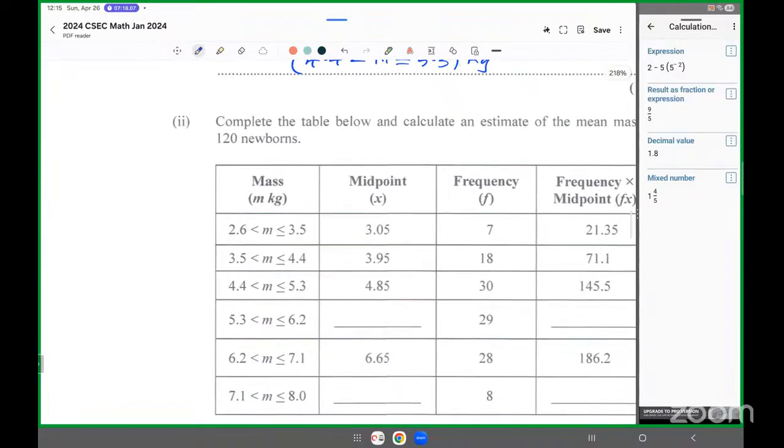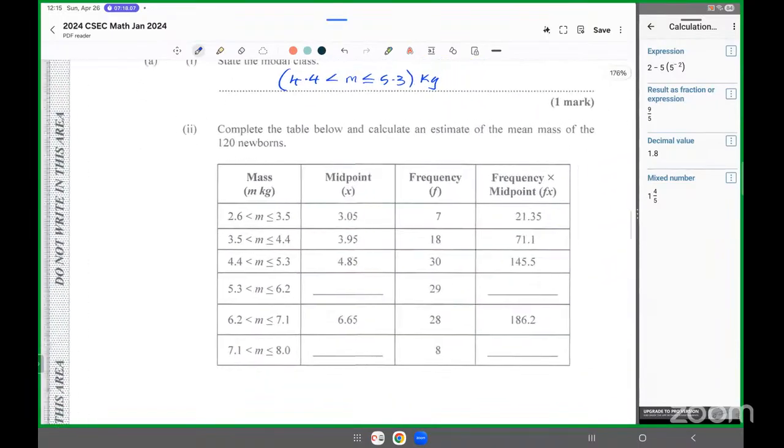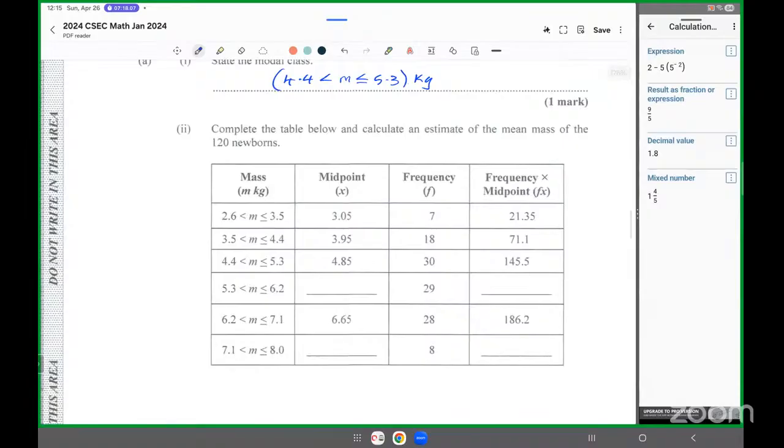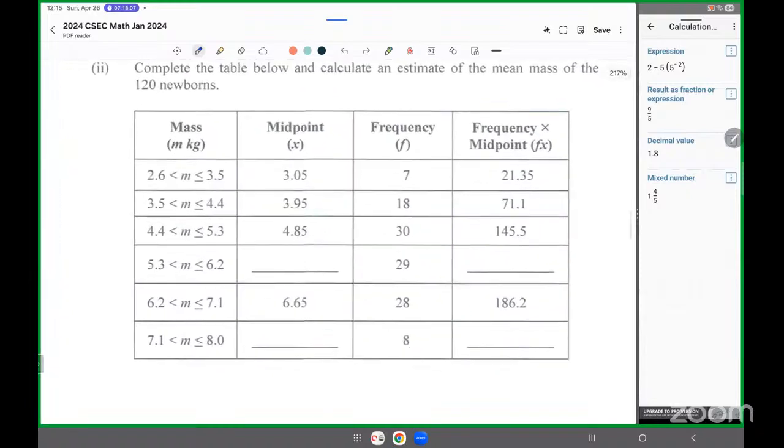Complete the table below and calculate an estimate of the mean mass of the 120 newborns. So we need to fill in this and that. They have started the work for us. Remember, when the data is grouped, you're going to use a class midpoint to represent the group. So all we need to do is look at how these values are increasing. These lower values are increasing by 0.9.